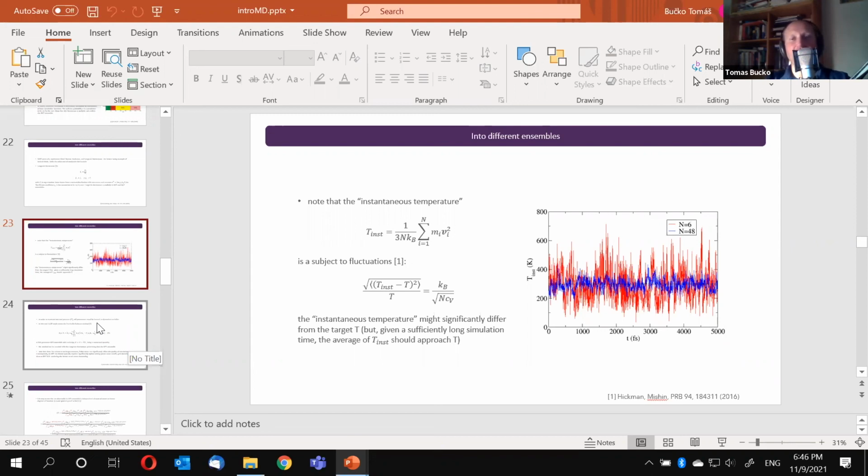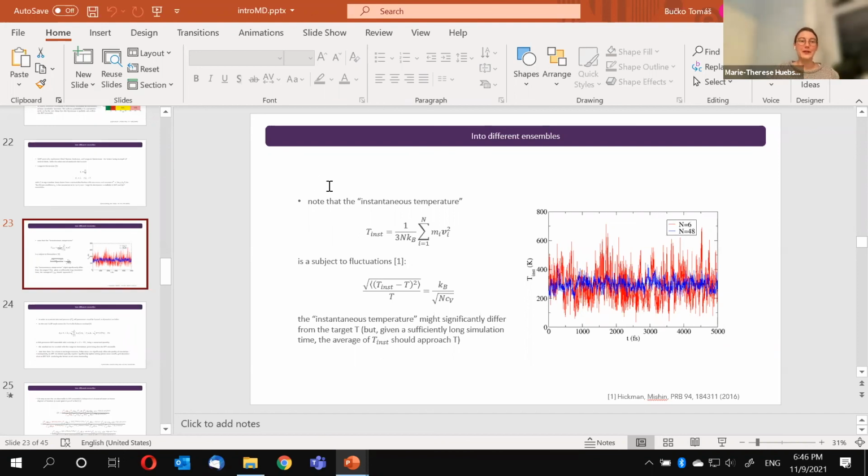And if I see that my average temperature is very different from the desired temperature, I would increase that friction coefficient. So unfortunately, it's still a trial and error procedure. Yeah. Thank you.